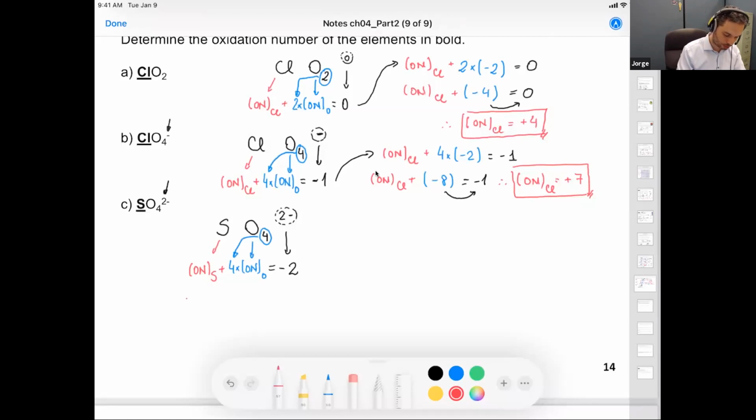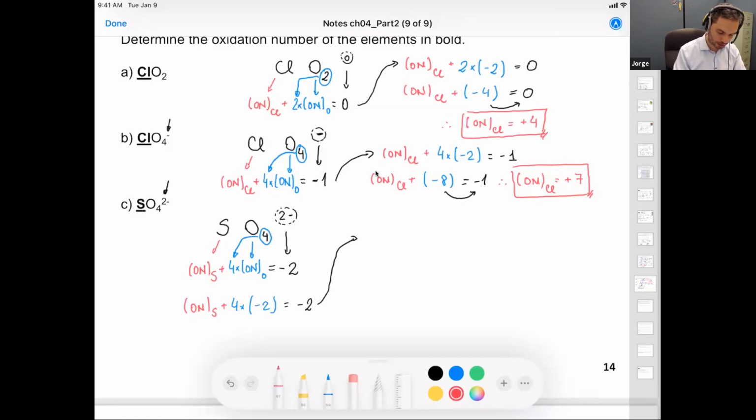We don't know the oxidation number of sulfur. We know that the oxidation number of oxygen is -2. And we know that the sum of the oxidation numbers has to be -2 because that's the charge of the ion. Let's move our equation up here.